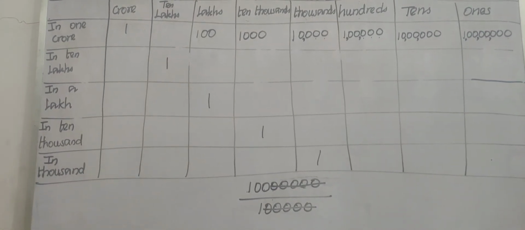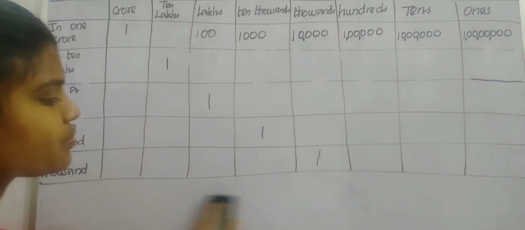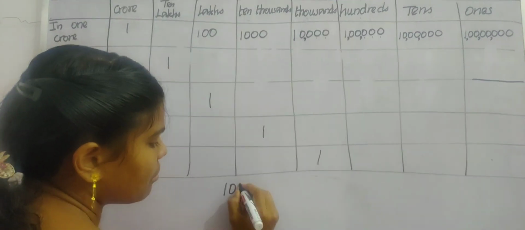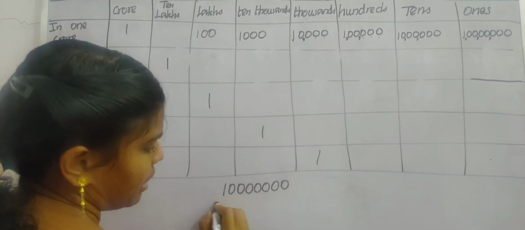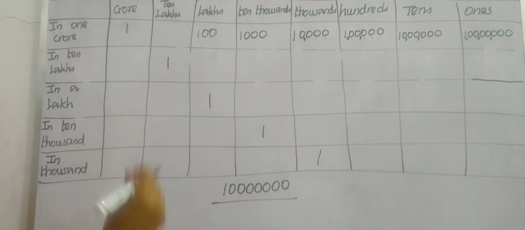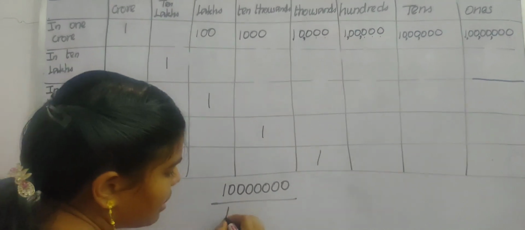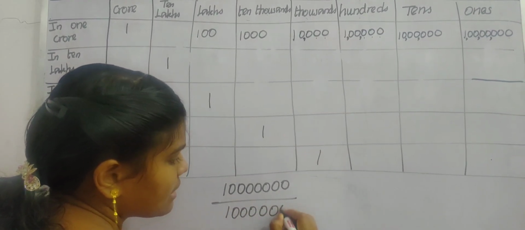Okay children, so let us find for 10 lakhs. Crore, we know, is an 8 digit number. 1, 2, 3, 4, 5, 6, 7, 8. So divided by 10 lakhs. 10 lakhs is a 7 digit number. 1, 2, 3, 4, 5, 6, 7.